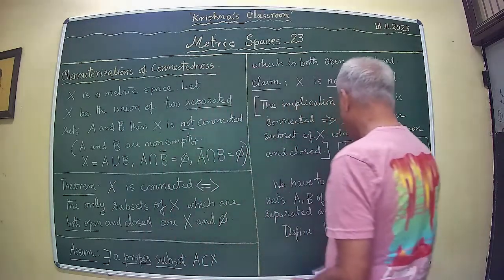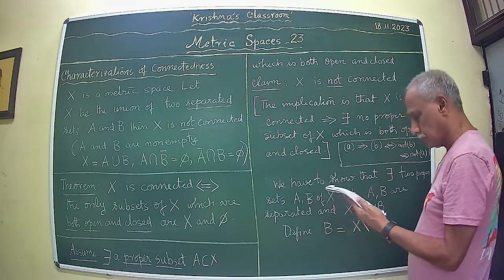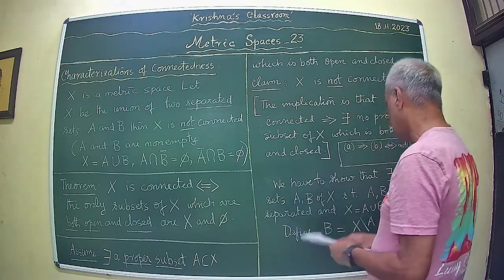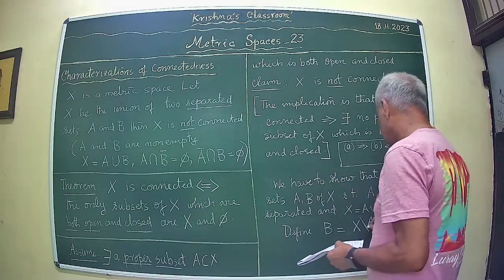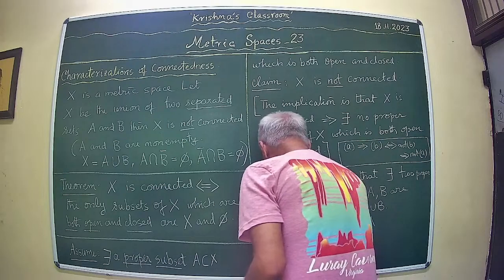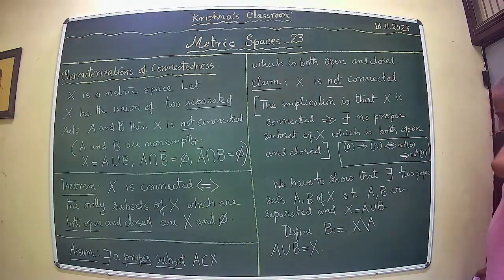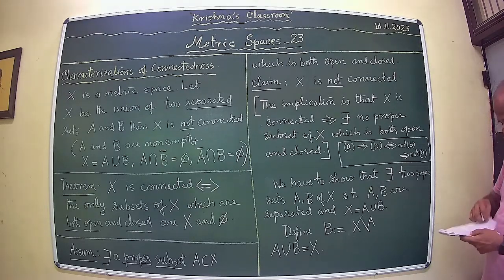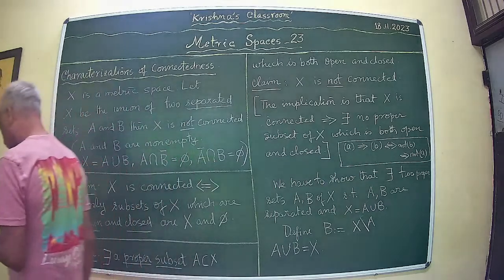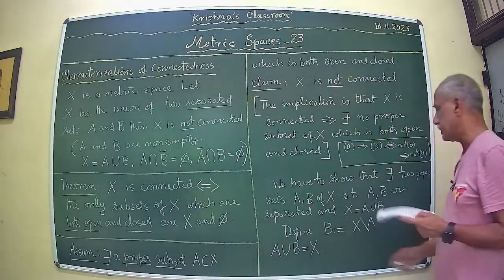Now we have the property that, so this is the definition of B. Then of course you have, now we have to show that these sets are separated.